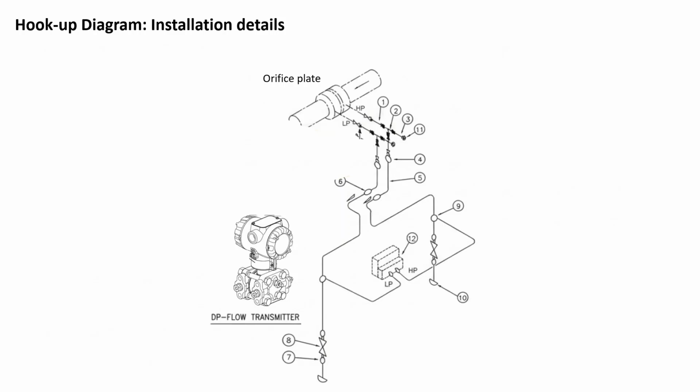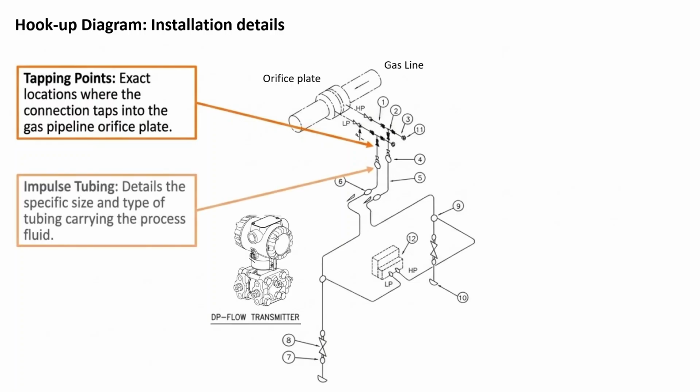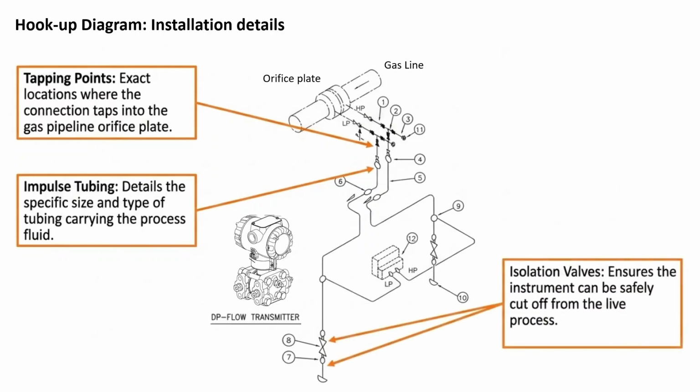The hookup diagram shows you where the tapping points are on the pipe, what type and size of impulse tubing to use, where the isolation valves go, how the manifold connects to the transmitter, which port is the high pressure side, and how the transmitter should be positioned relative to the pipe.